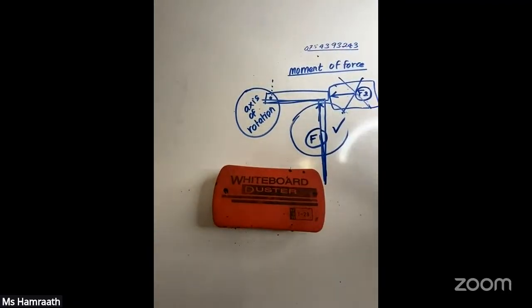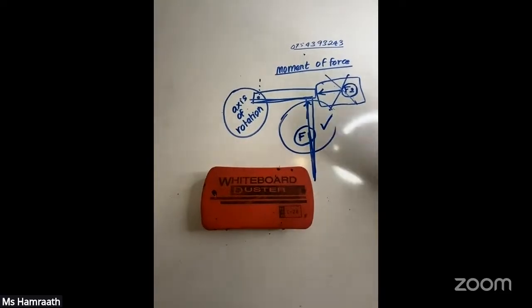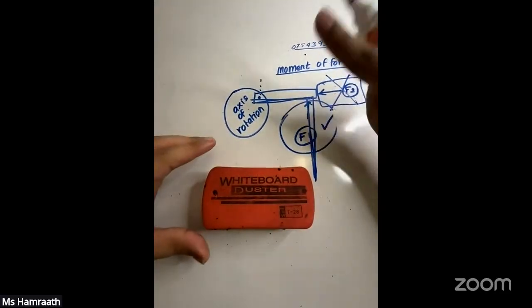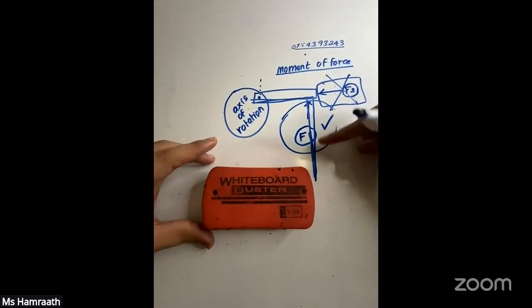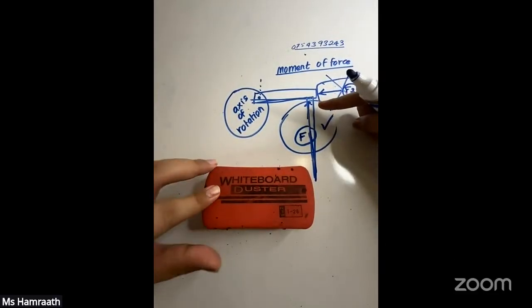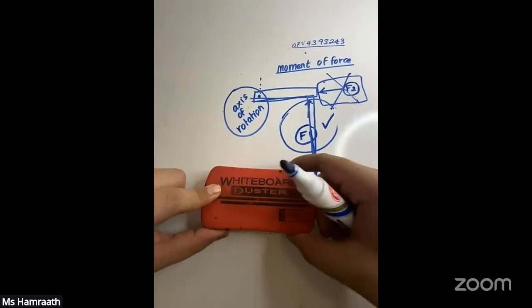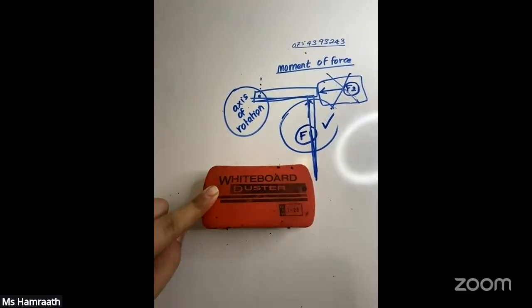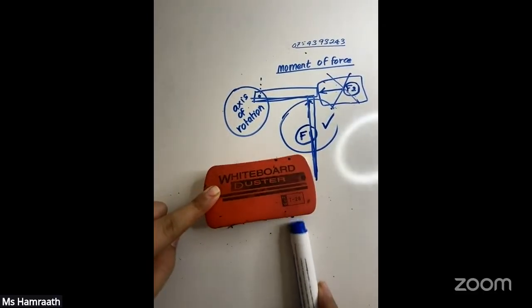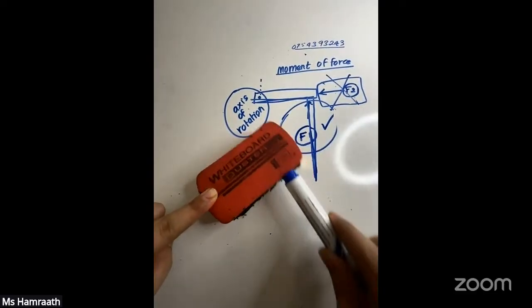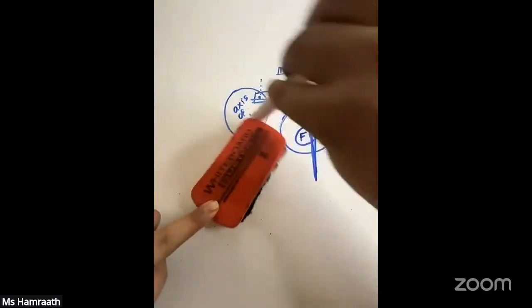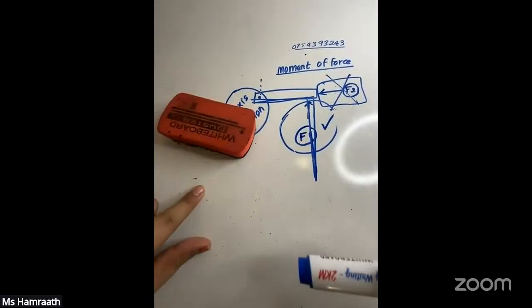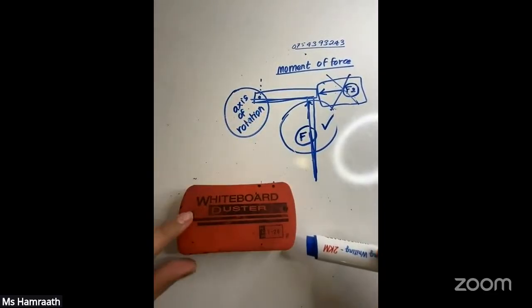I am going to apply force in two directions, one like this, another from this way. Let's assume the object is the duster. If I give the force in the direction of F1, can I rotate the object? Yes, I can rotate the object.